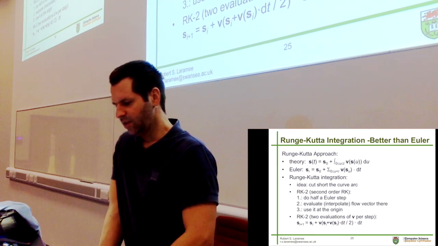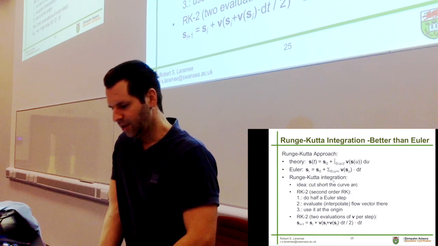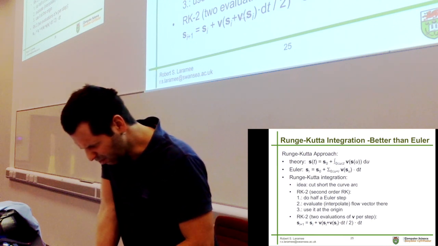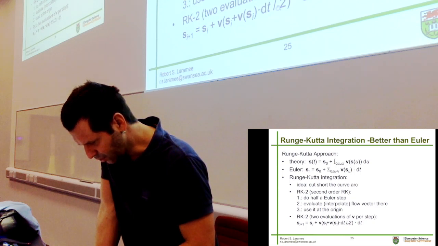The next more accurate approximation says the next point is the previous point plus the velocity at the previous point plus the velocity at the previous point times dt over 2, multiplied by dt.